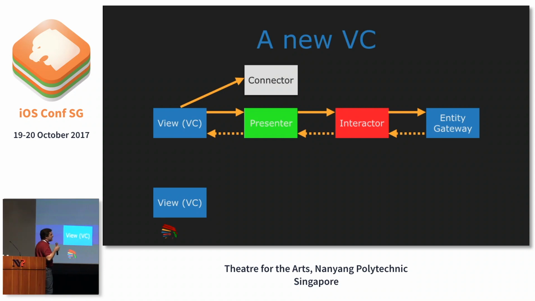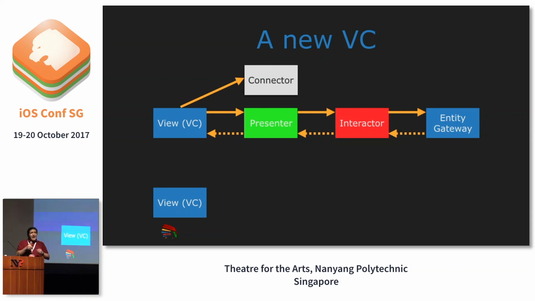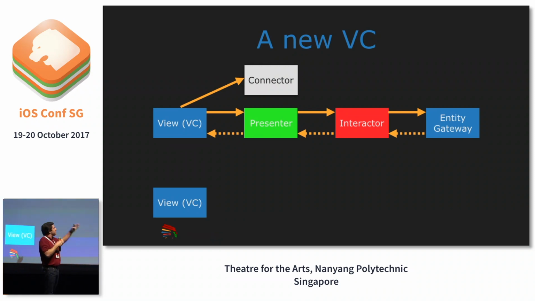The only problem is that this view controller is not ready to be used. It is not configured. View did load has not been invoked yet. So how do we put all the things together here that we need in order to make this view work? Well, we receive this view controller in the prepare for segue, and then the view tells our initial connector, I want you to prepare this next view controller.